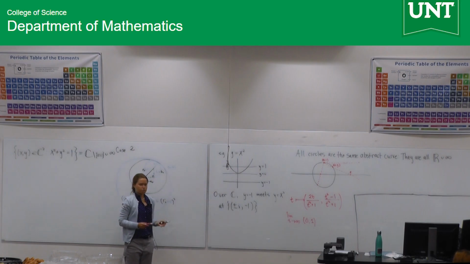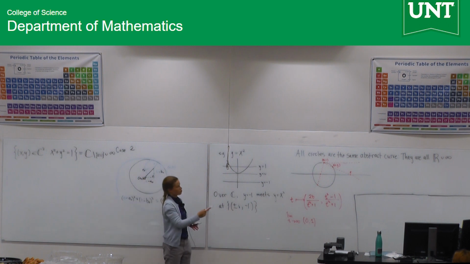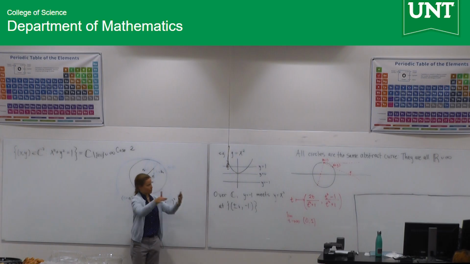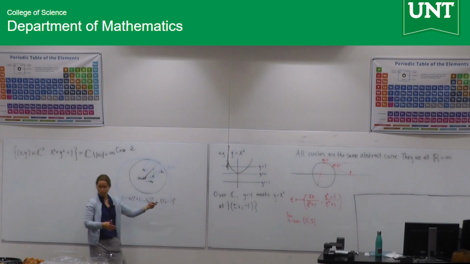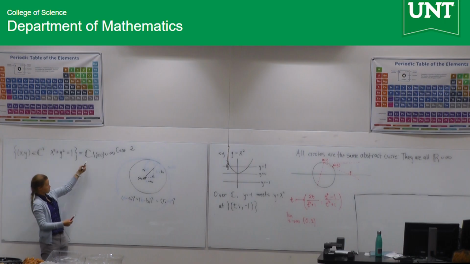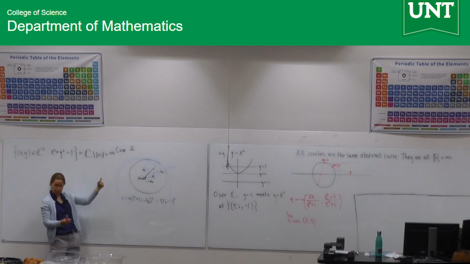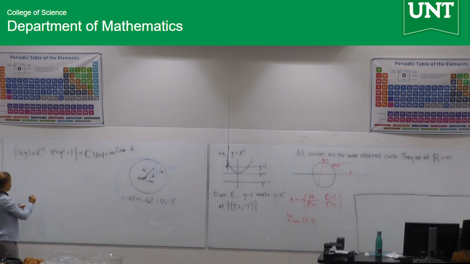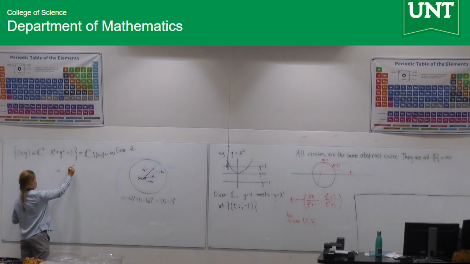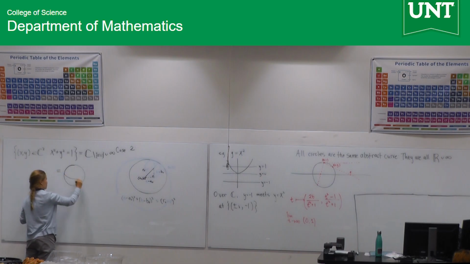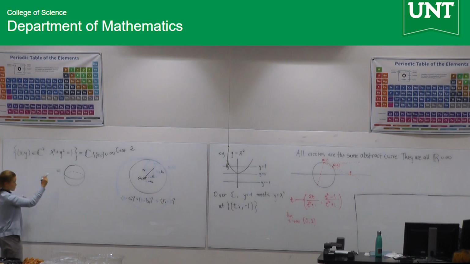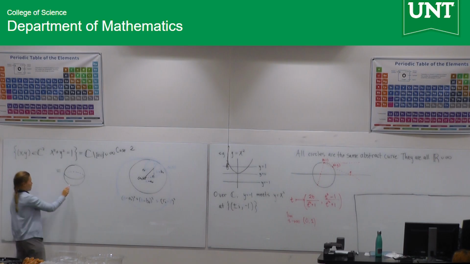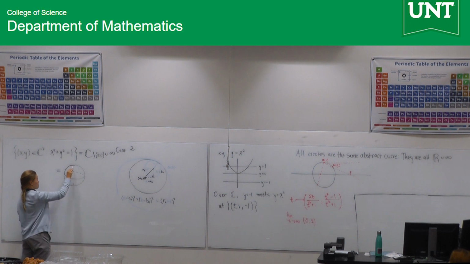Now, much in the same way that the real numbers union that point at infinity could wrap up into a circle, the complex numbers union a point at infinity wrap up into a sphere. So I could also think about this as being the sphere, so that's C union a point at infinity, but with 2 points missing.